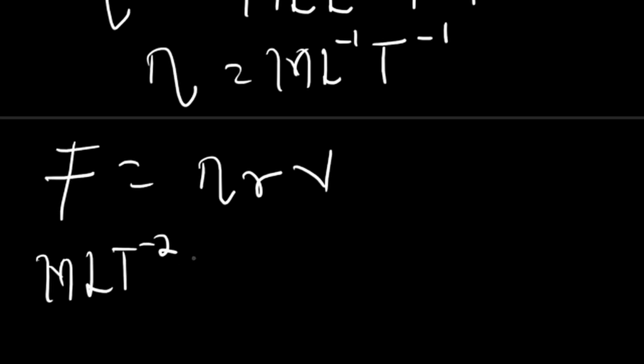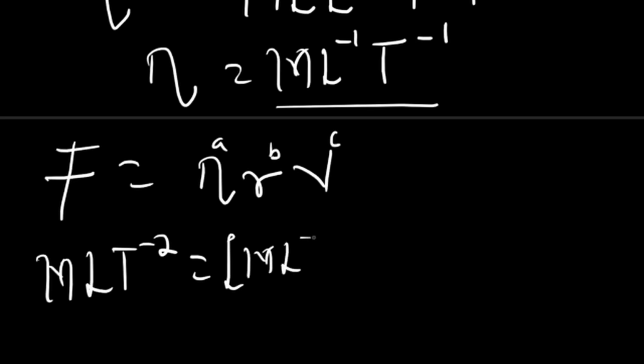Okay? And then this is equal to the dimension for viscosity. We've already determined that to be M L negative 1 T negative 1. Hence, we now have, this is to the power of a, b, and c. So we have M L minus 1, and then T minus 1.